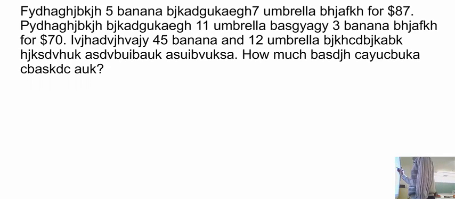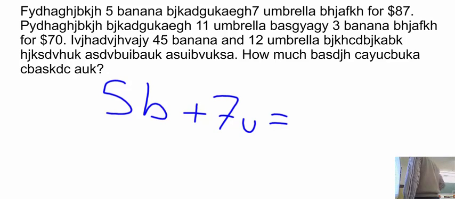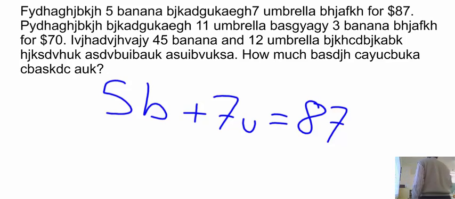5 banana. I'm going to call it B. And 7 umbrella. I think together they cost $78. I'm sorry, $87. And then I just wrote down this, I just wrote down that, I just wrote down this.